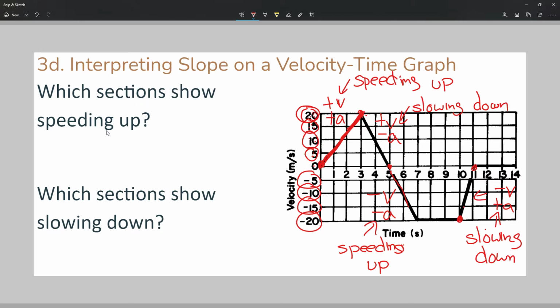So which sections show you speeding up? 0 to 3, I'm sorry, 0 to 3 and 5 to 7. And 3 to 5 and 10 to 11 are slowing down.